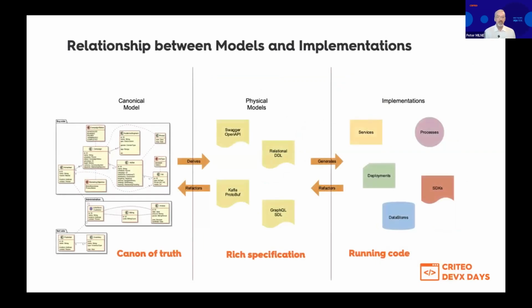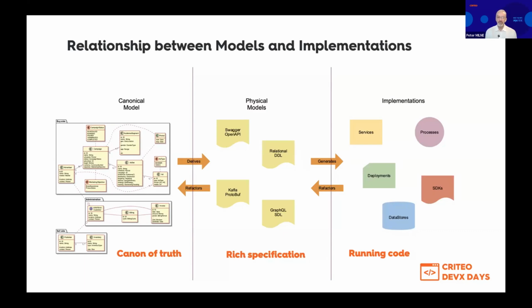So on the left-hand side is a canonical model. Most of you have seen these, something like an entity relationship diagram or a class diagram. It's the canon of truth. It is what we actually want, often defined or specified by a product owner. In the center, you see the physical models.